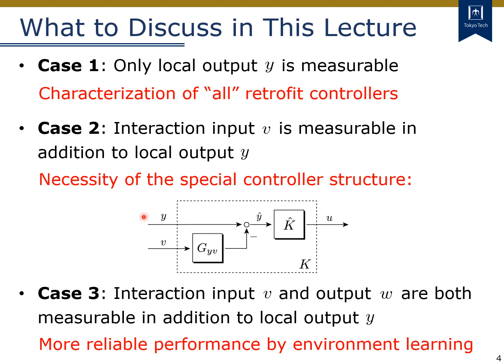In the third case, supposing that the interaction output W is also measurable, we will see that more reliable control performance can be realized by integrating a learning technique of unknown environments into the framework of retrofit control. Clearly, the number of measurable outputs increases in the order of case 1, case 2, and case 3.